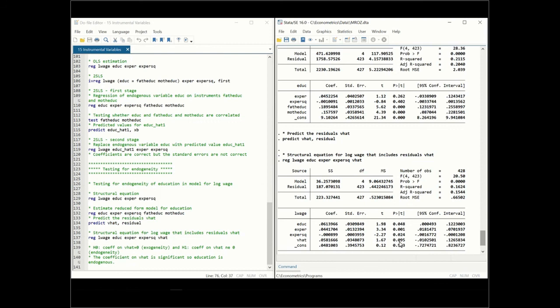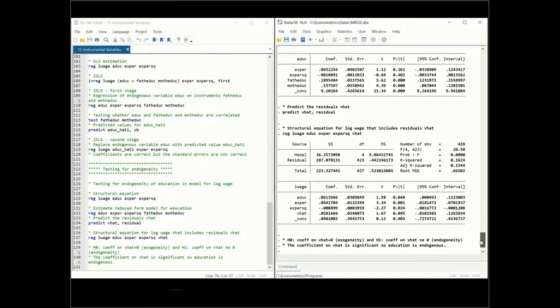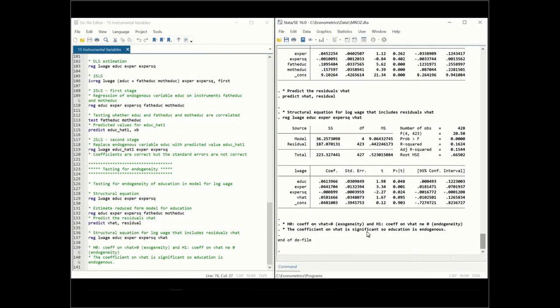So therefore, what we're finding here is that actually education is endogenous. And so what this test is showing us is that we need to be using instrumental variables and two-stage least squares to correct for this endogeneity and basically use this method.